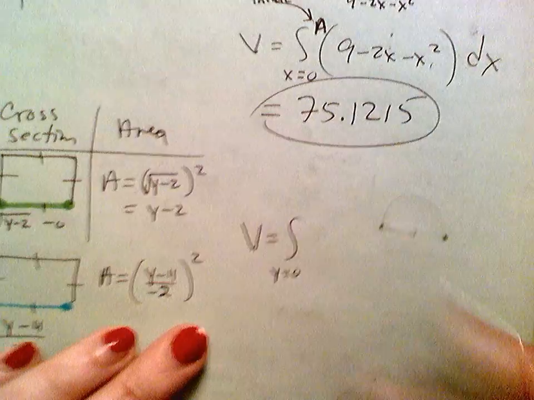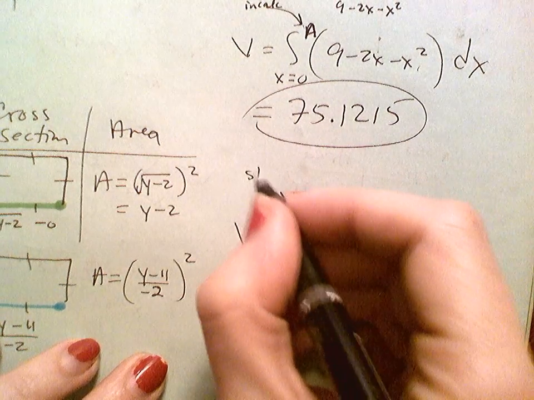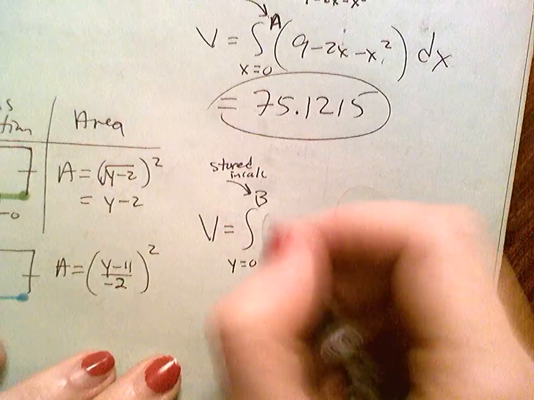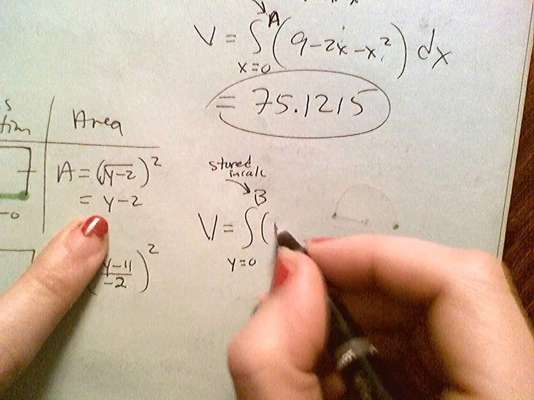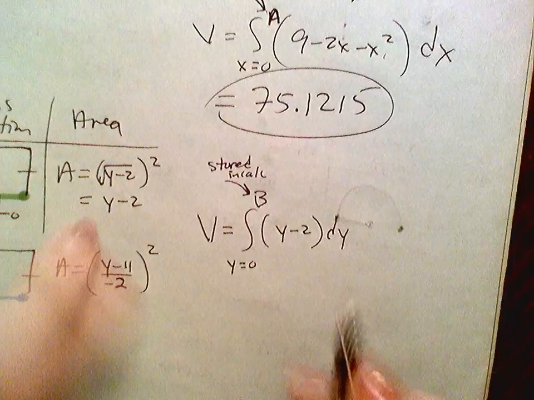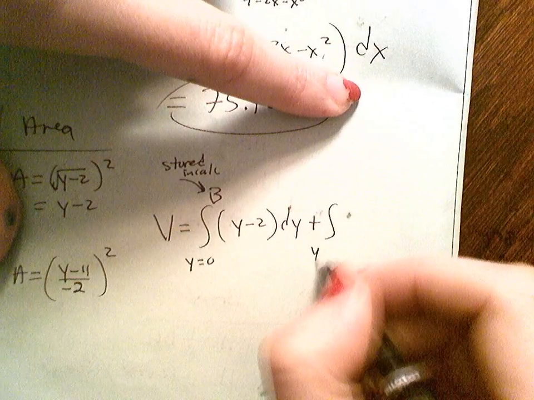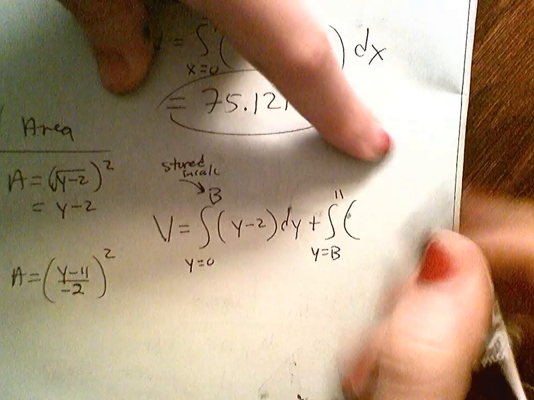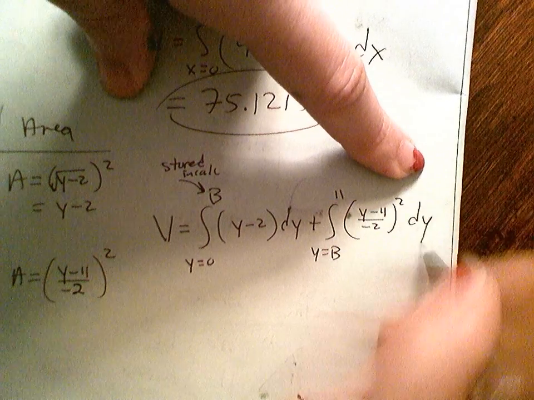So the first integral is from 0 to b, and I'll be super clear, stored in my calculator, of y minus 2 dy, plus the integral from y equals b up to the highest y value, 11, of y minus 11 over negative 2 squared dy.